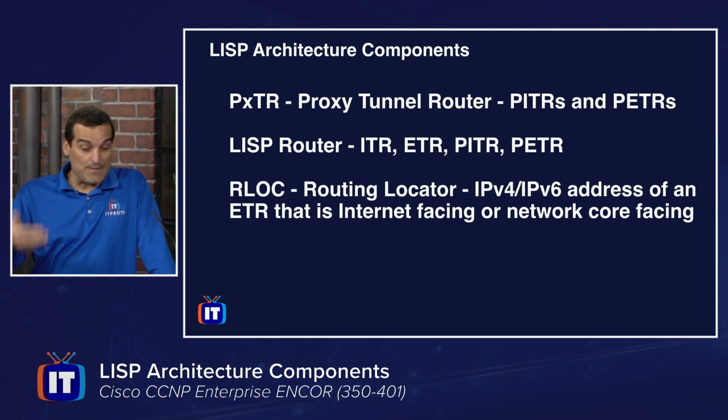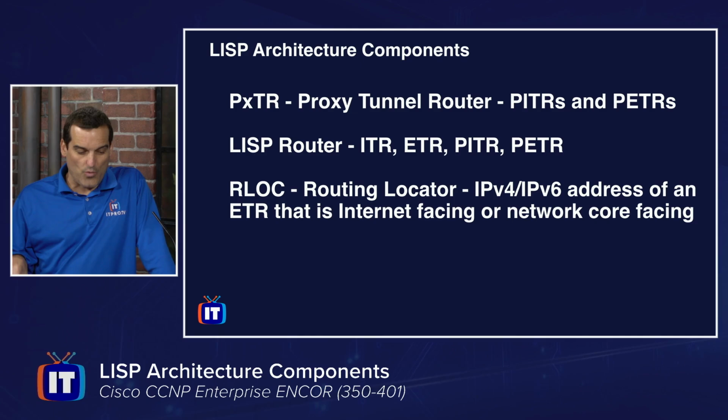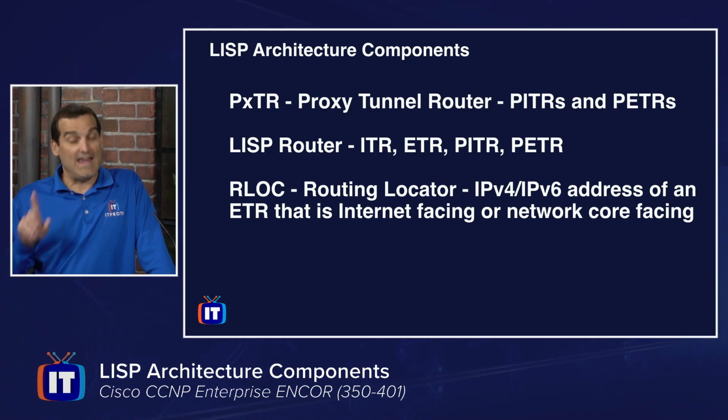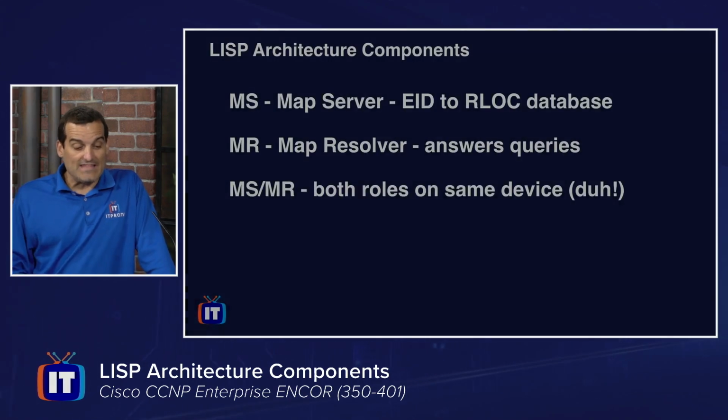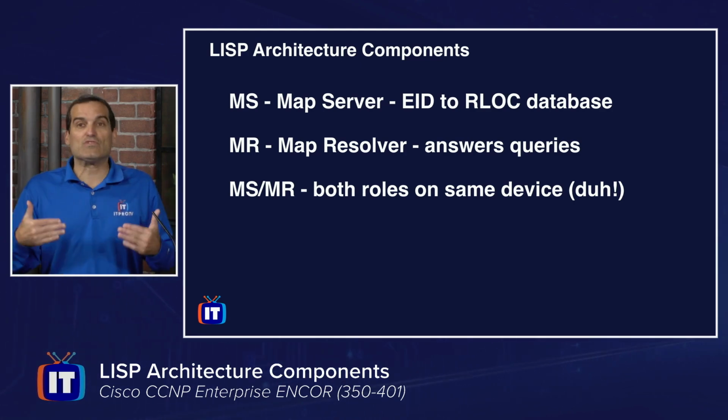We mentioned last time the routing locator, the RLOC. This is the v4 or v6 address of the egress tunnel router that is internet or network core facing. And then we mentioned last time that there's a map server and a map resolver.